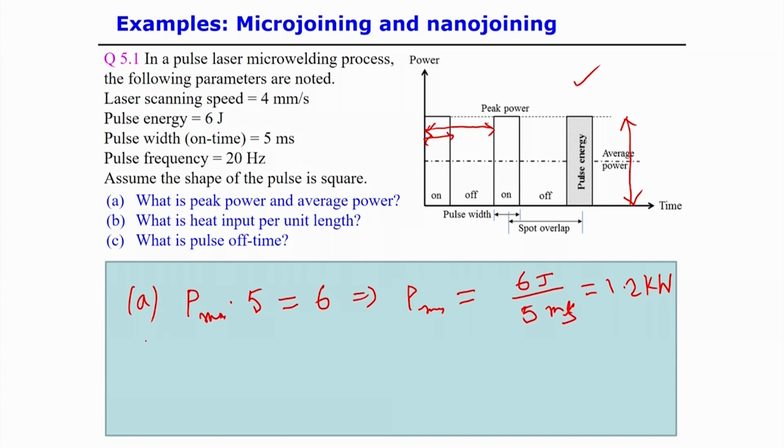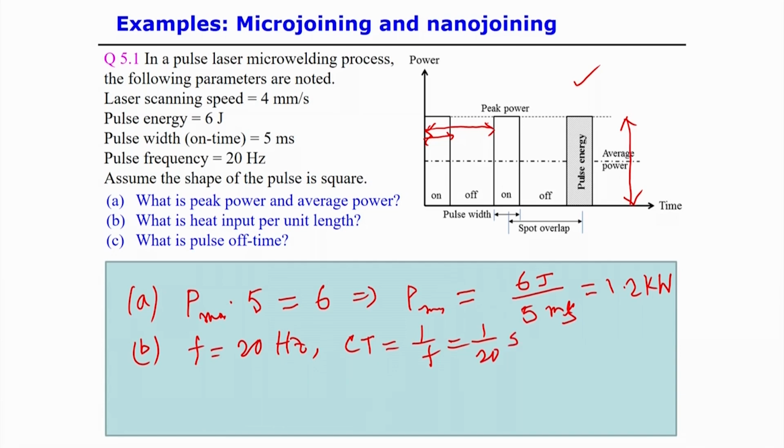Now, what is the average power? The average power is estimated over one cycle. If the pulse frequency is 20 hertz, then the cycle time is 1 by frequency, that means 1 by 20 second.